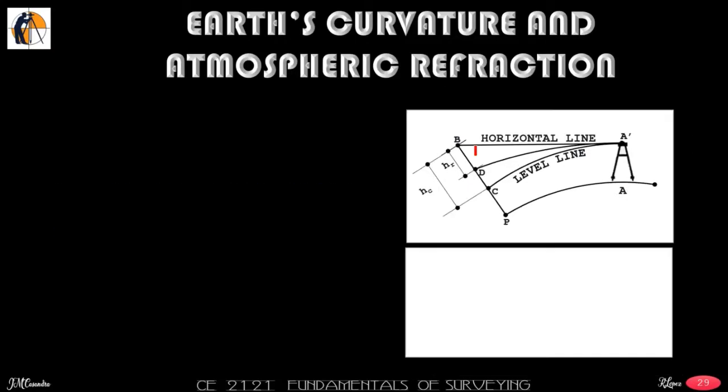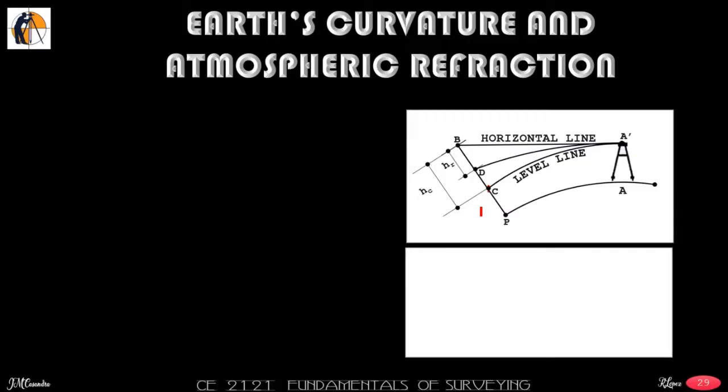If we are going to apply the two effects, curvature and refraction, we have here your horizontal line at which you take point D. This is the arc caused by the refraction of our reading, point D, and this is the true reading of the rod at the level line.